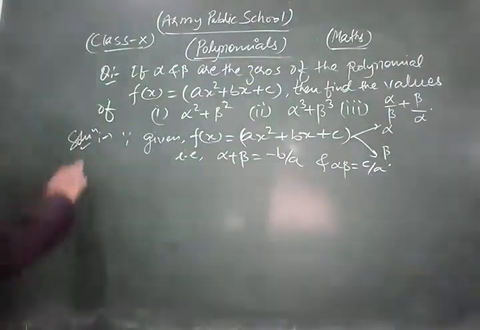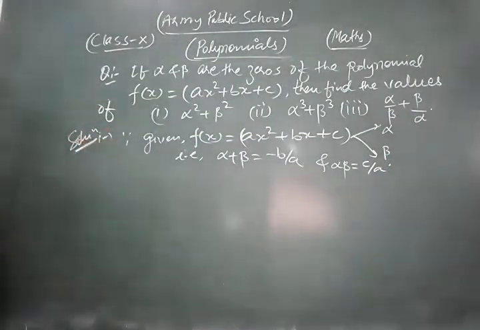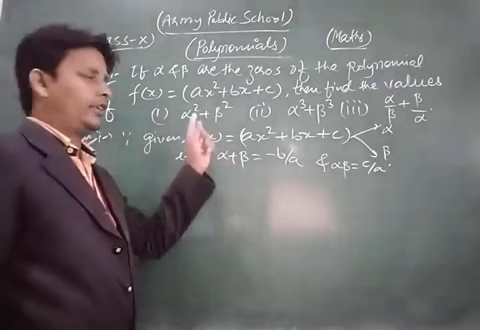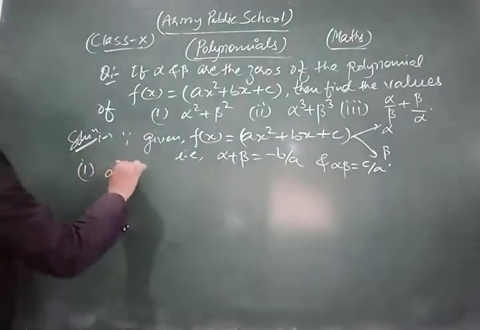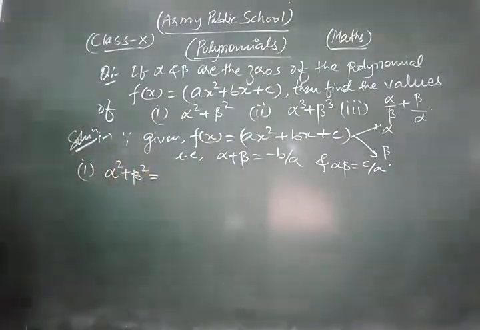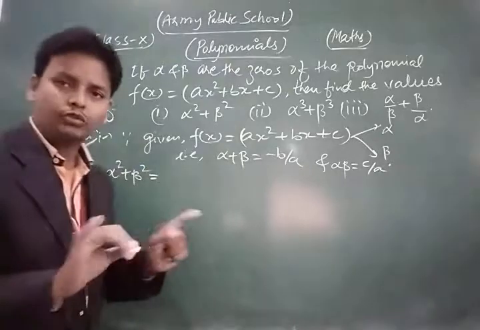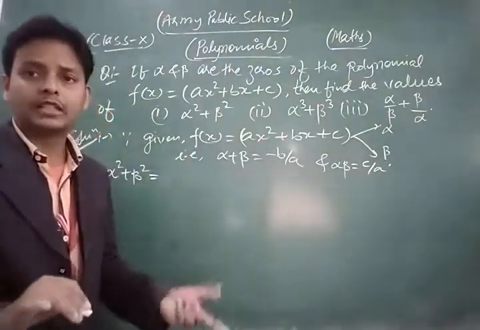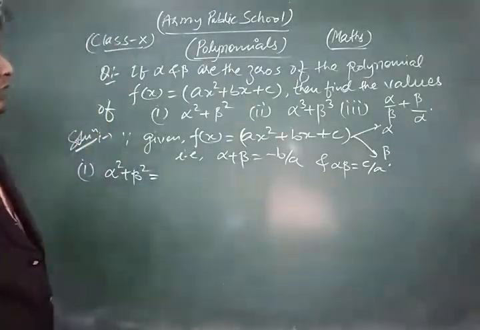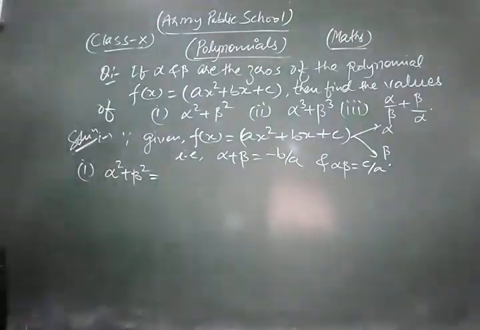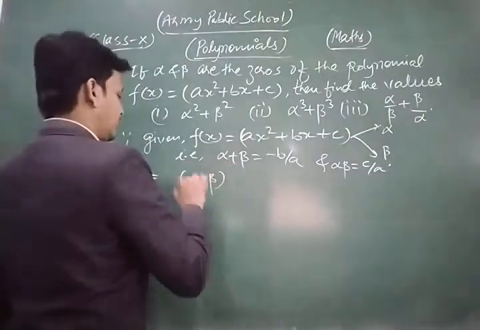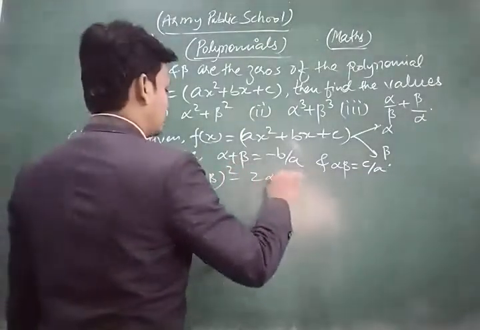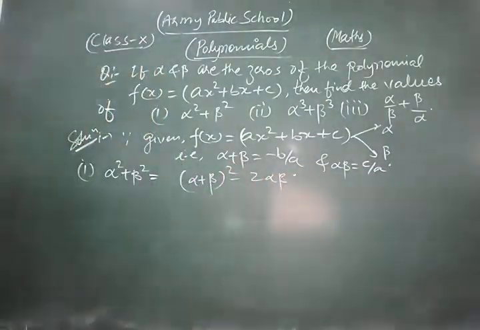Now first we take the first part of this question. Look, we find the value of alpha square plus beta square. Dear students, we don't know the value of alpha square plus beta square, but here we use the identity. We replace alpha square plus beta square with the help of the identity a plus b whole square minus 2 into ab, meaning 2 into alpha beta. Now we put the values.